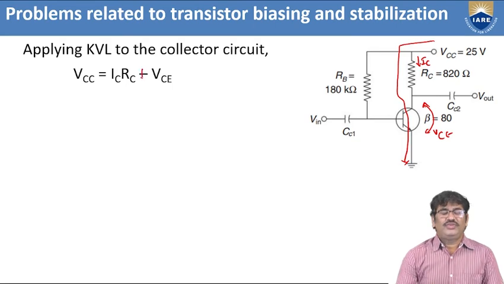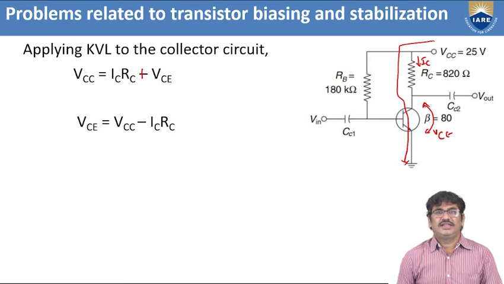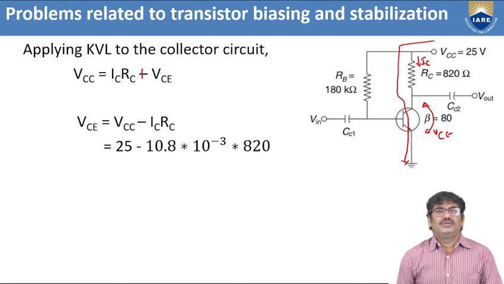From this, VCE we can write as VCC minus IC into RC. Substituting VCC as 25, IC as 10.8 into 10 power minus 3, RC is equivalent to 820 ohms, which will give us VCE is equivalent to 16.144 volts.